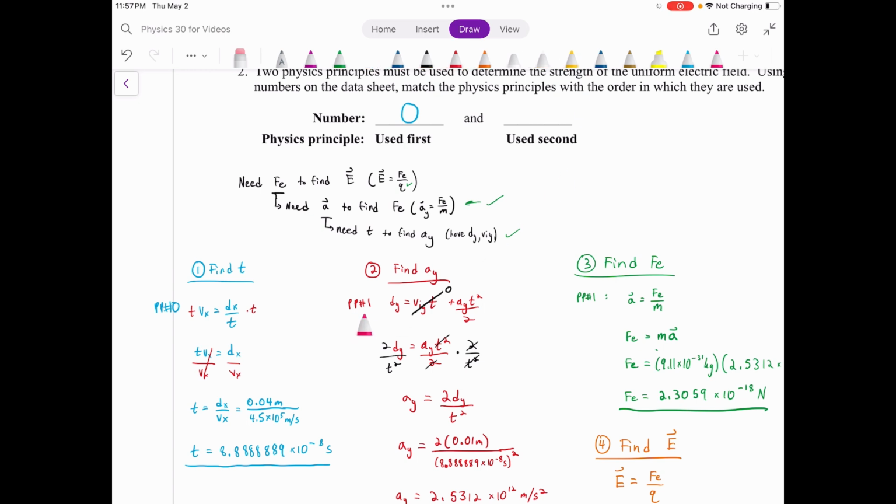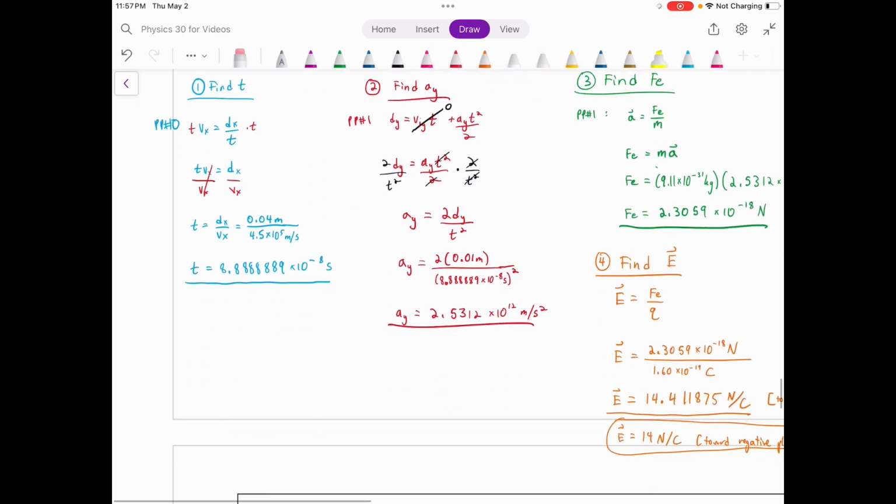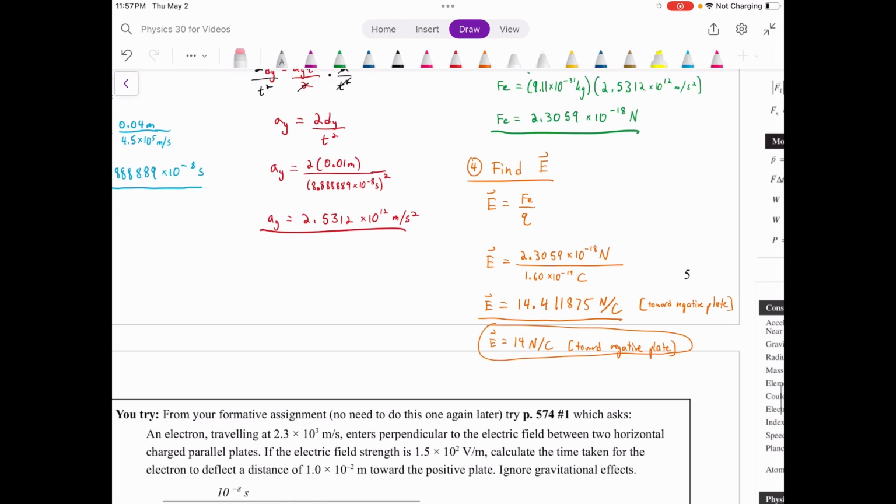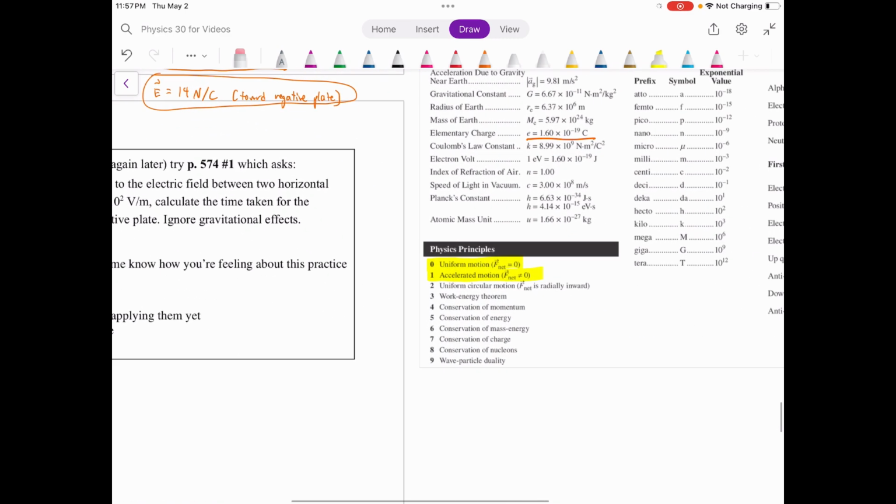Next, we moved on to the fact that, both of these here, especially this one, we're using the fact that if there is a net force acting on an object, it will accelerate. And that acceleration will be directly proportional to the force and inversely proportional to the mass. Here as well, we're relying on analyzing non-uniform motion. So what physics principle is really guiding us there?